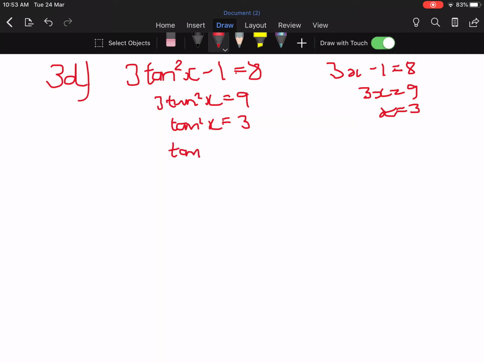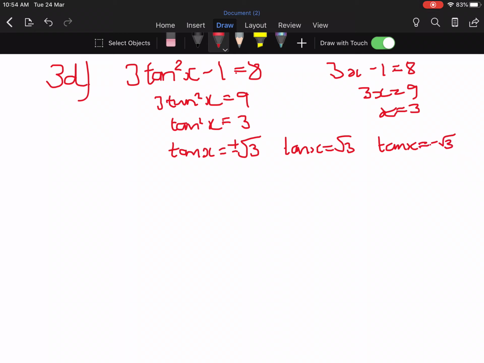So it's going to be tan x equals plus or minus the square root of 3. So this is where it gets a bit tricky because we've got plus or minus root 3. So we've basically got tan x equals root 3 answers and tan x equals negative root 3 answers.